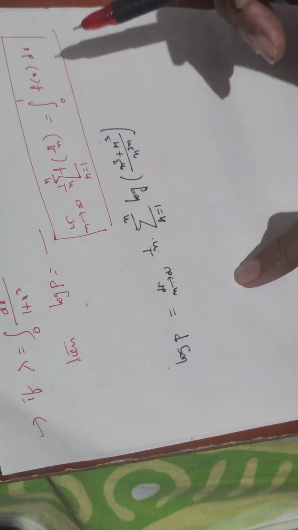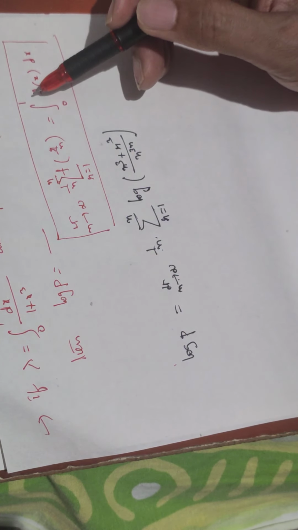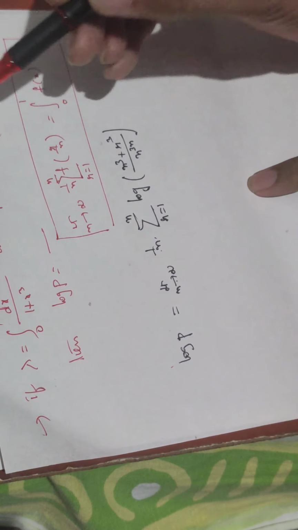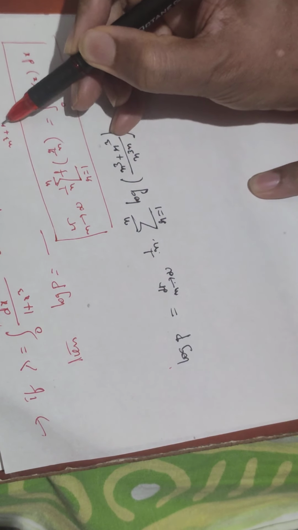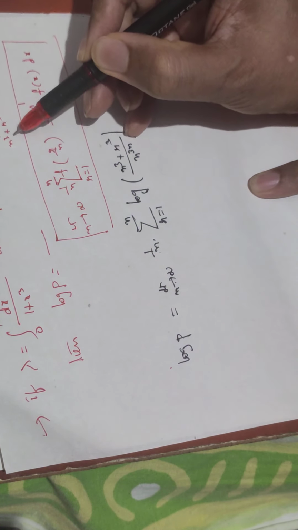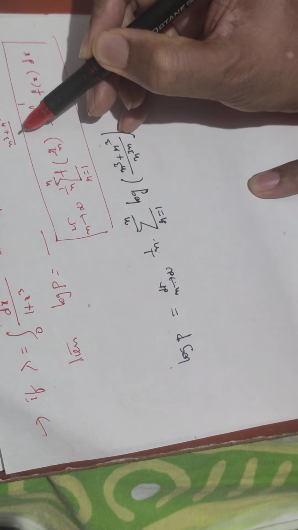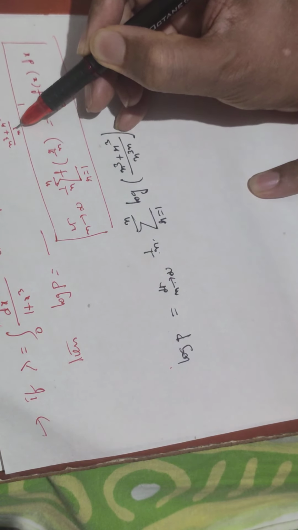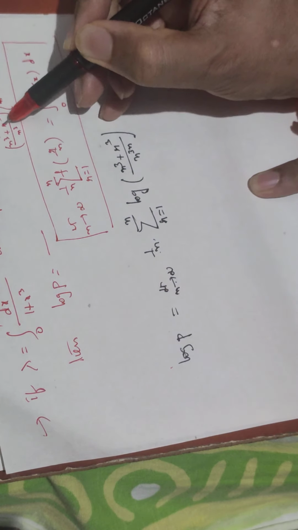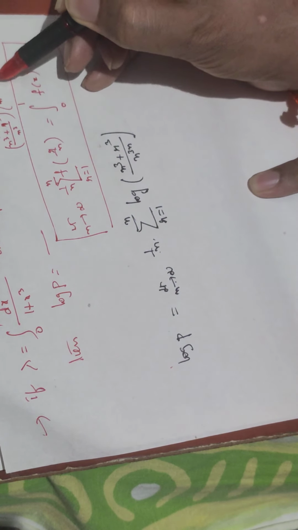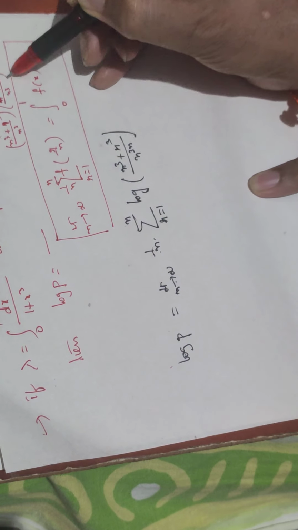Maybe here after applying the log, what happened? Actually, what is the first term? N cube plus 1 cube by n cube. Next term is n cube plus 2 cube by n cube.